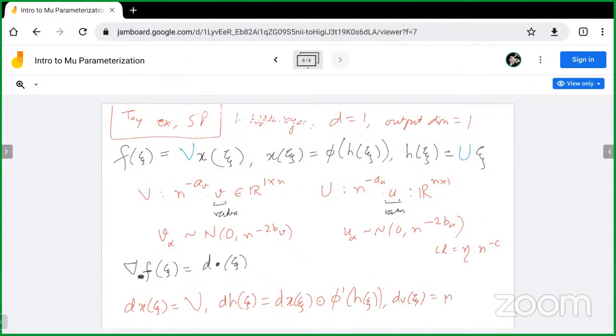So what about little v? This is very easy, right? Again, you can use the chain rule. Minus av times dx zeta. Oh no, wait, it's x zeta. And du zeta is minus au times dh zeta times zeta.